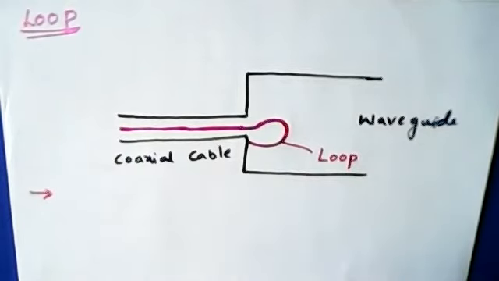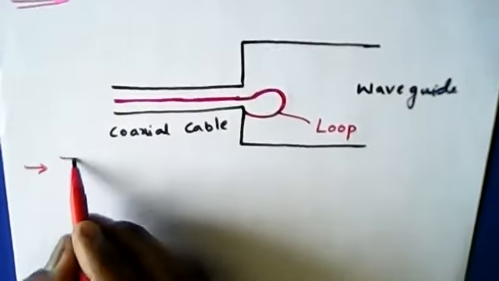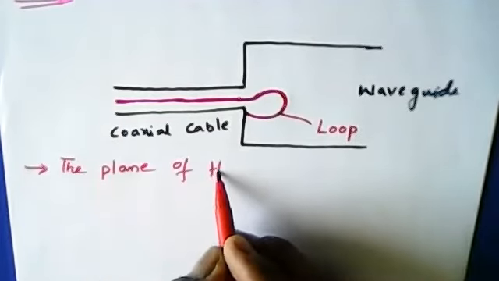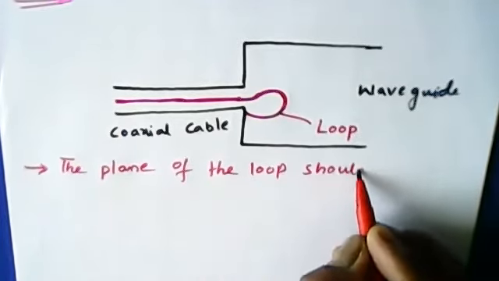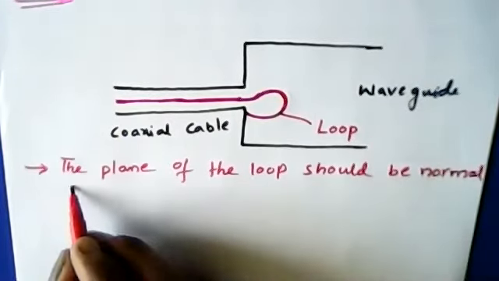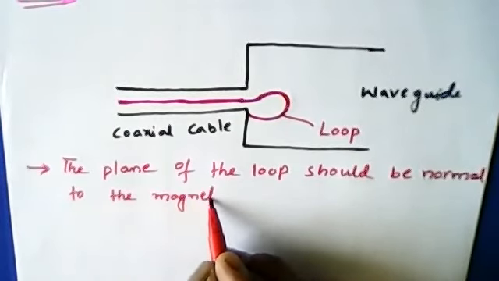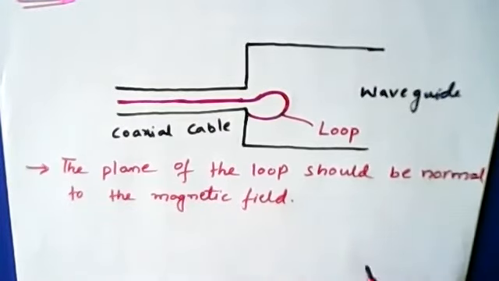And let us see how it is used. It is placed in such a way that the plane of the loop should be normal to the magnetic field. Earlier we took the electric field; now it should be normal to the magnetic field lines.